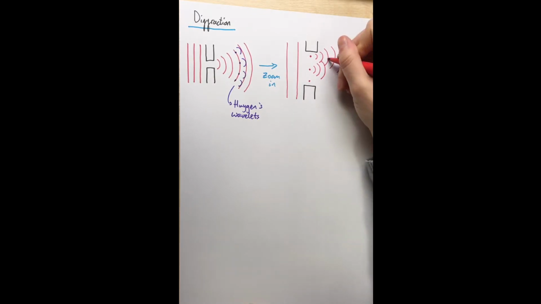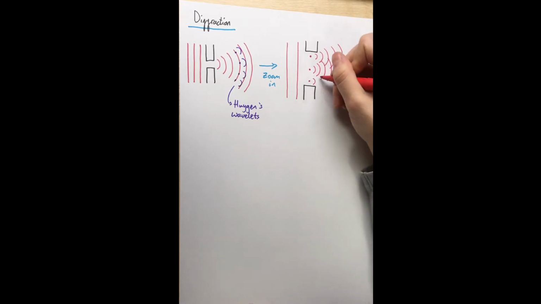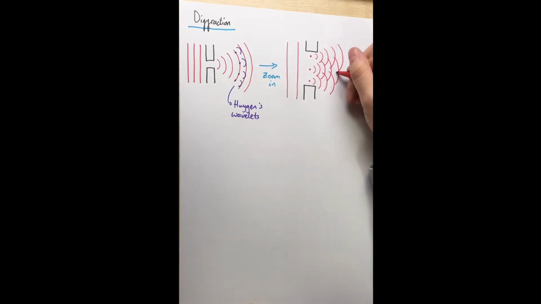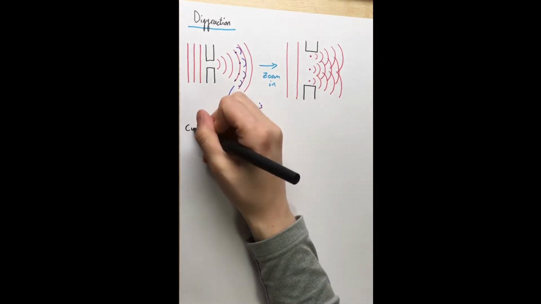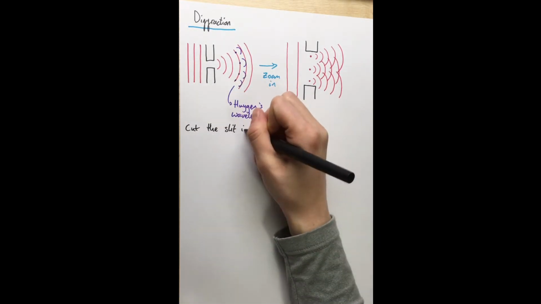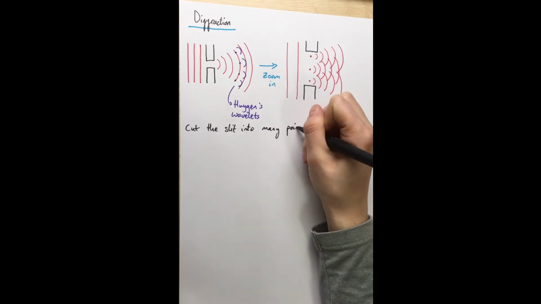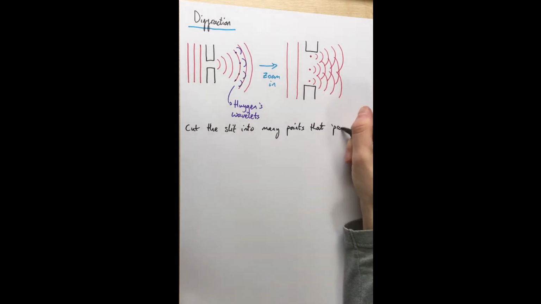Let's apply this to the one-slit setup to see how diffraction comes into play. Again, we're making the assumption that the distance from the slit to the screen is much larger than the slit width, a.